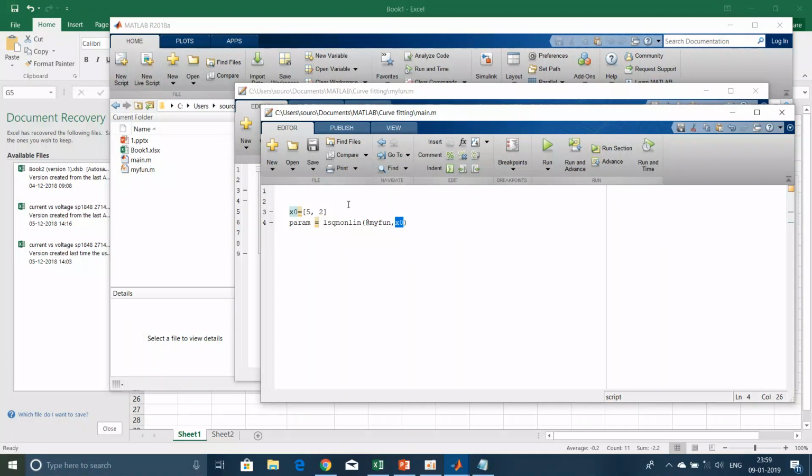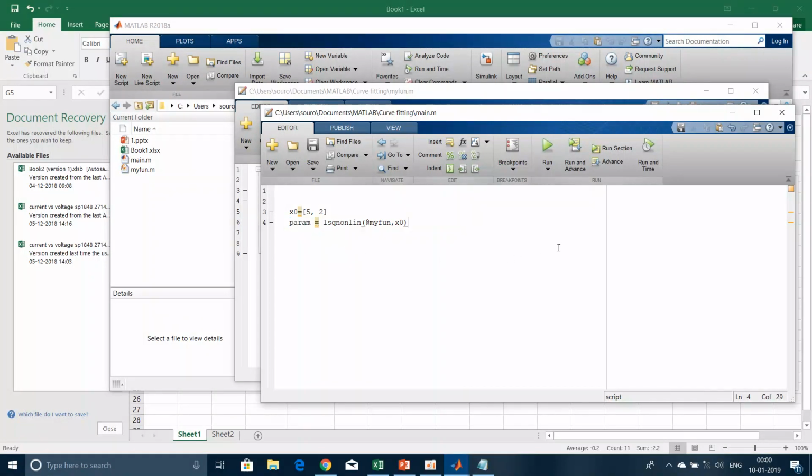This process continues and continues, and then at the end, when myfun becomes minimum, okay, so myfun outputs the difference between the model predicted and the experimental data, MATLAB ensures that myfun becomes minimum, and when the output from myfun becomes very low, it is then that MATLAB stores the value of m and c into the variable param.